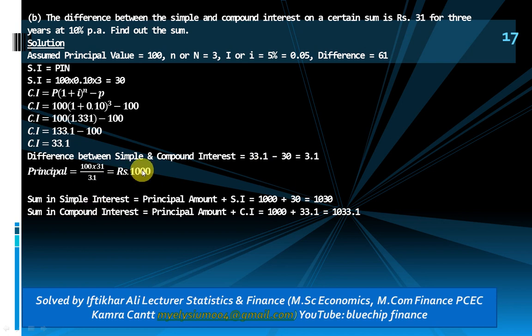So the result is 1000. The sum in simple interest equals principal amount plus simple interest, which equals the future value, 1030, and the sum in compound interest equals principal amount plus compound interest, that is 1033.1. So that is the difference, as you can see, between these two.